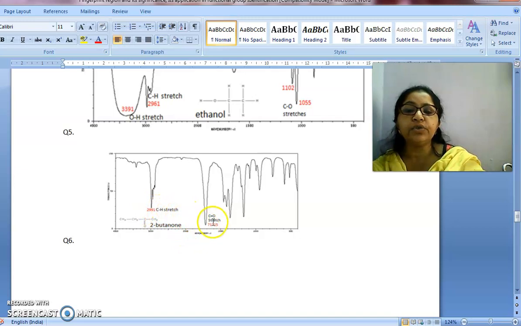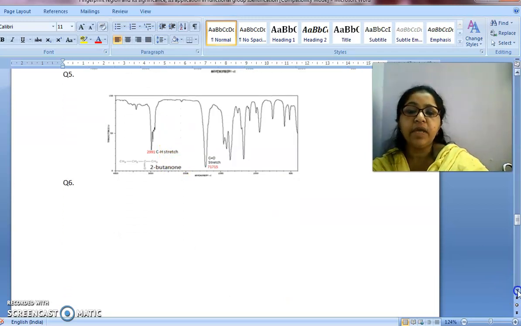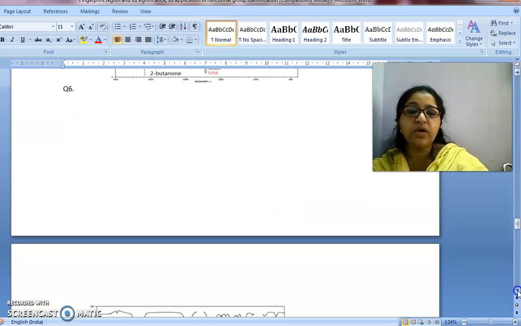You do not have any stretching in the region for the aldehydic C-H, that is the sp2 carbon hydrogen stretching. So it is clear that it is not an aldehyde, it is a ketone, because there is an absence. If you go into the next graph, it will be much clearer whether it is ketone or aldehyde.